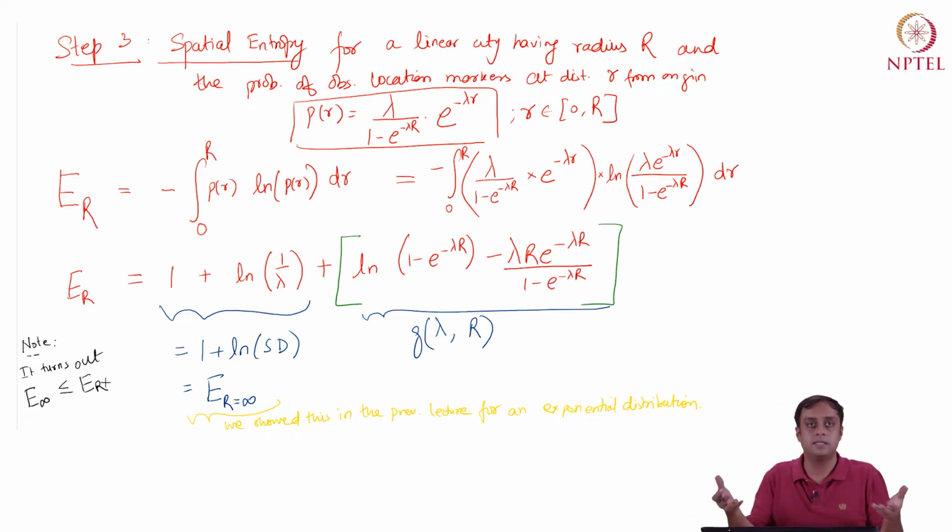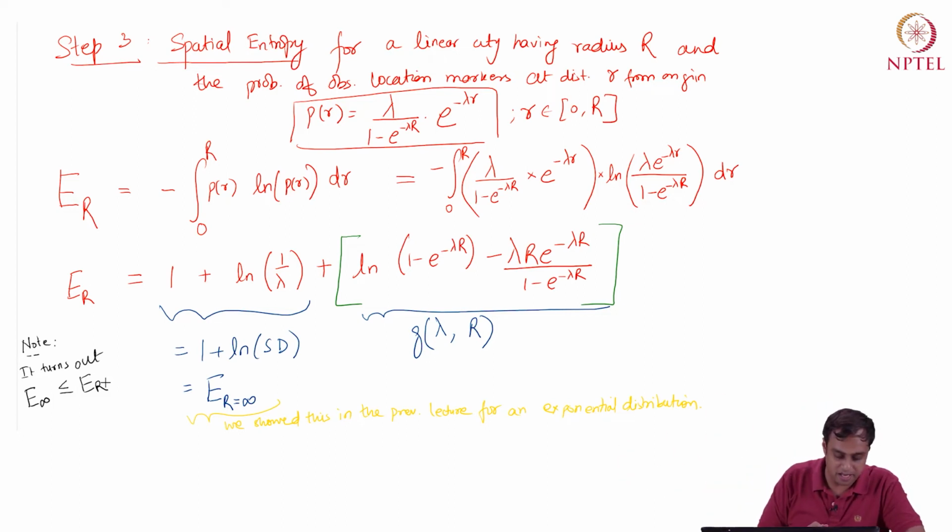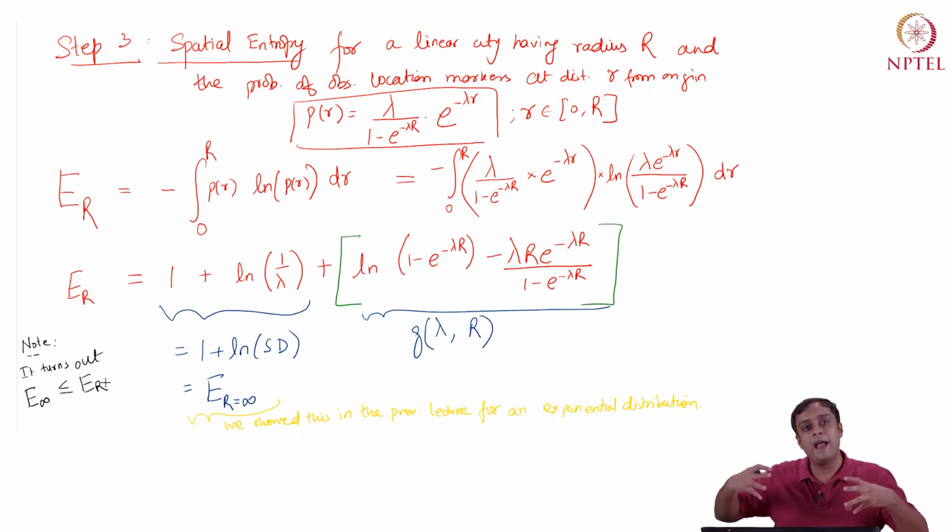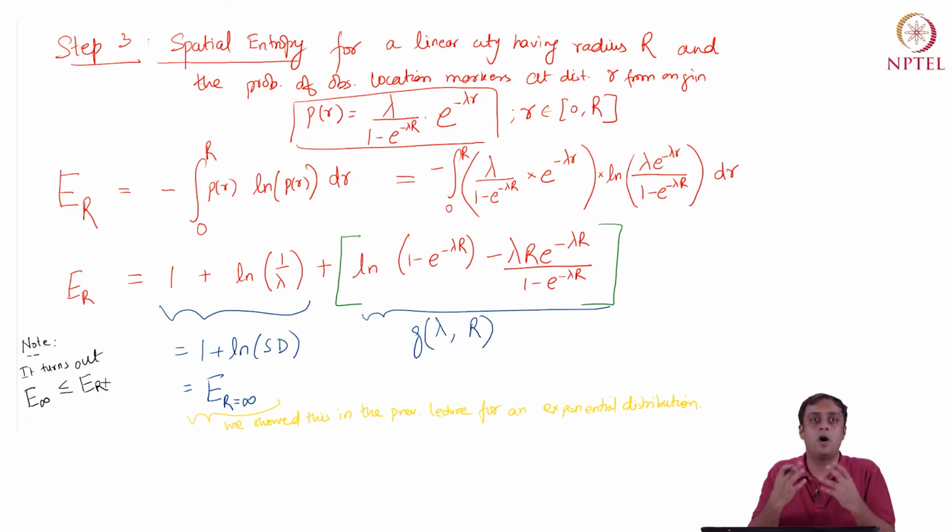The center obviously has an origin, and it has a finite radius, capital R. So the entropy, the variation of how these location markers would be observed over space, would be higher in a finite space than if my constraint on the size of the city was relaxed and it was allowed to expand infinitely.